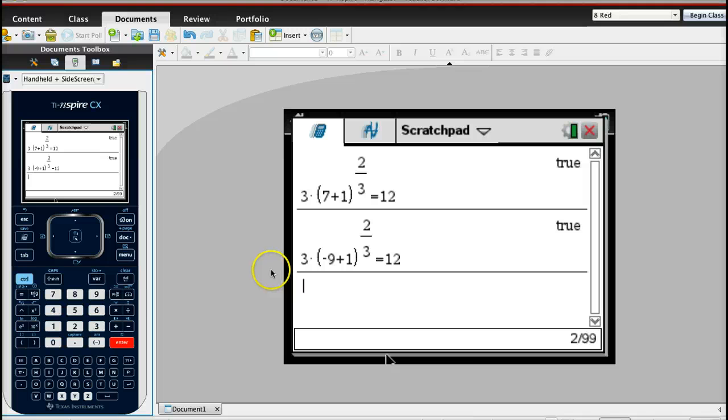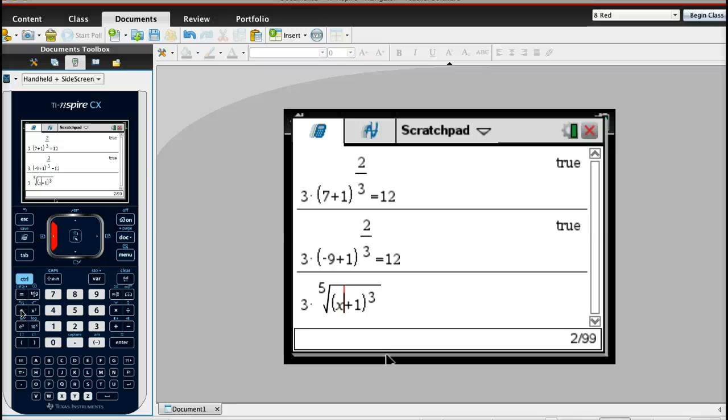So I have 3 times the 5th root of (x plus 1) quantity cubed. Oops, and instead of an x, I should probably plug in the number I want. So I want to test 31. There we go.